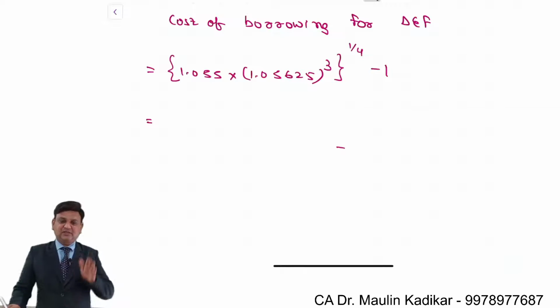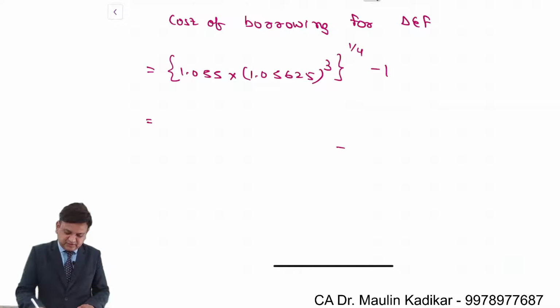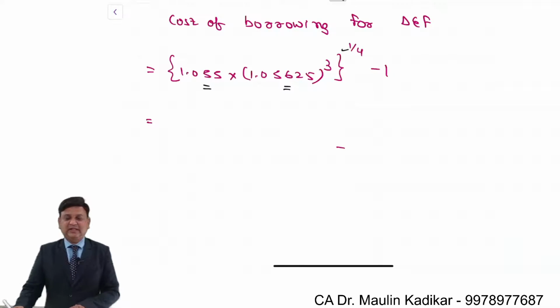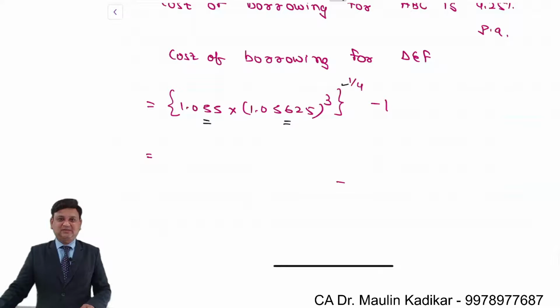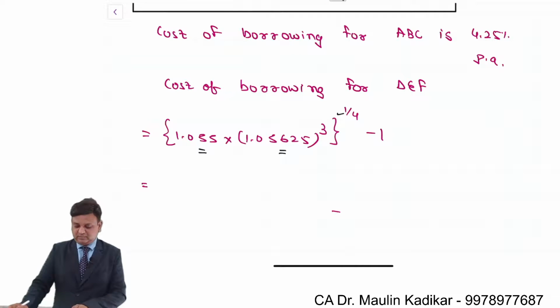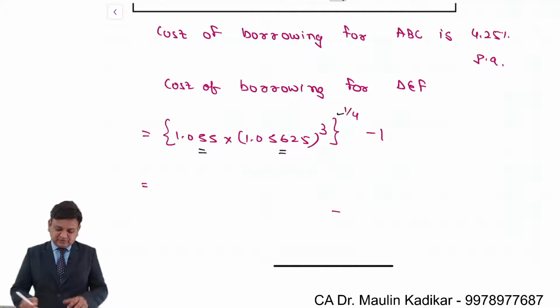We understand that the first year rate of interest is 5.5%. For the remaining 3, this is the rate of interest. Now we are making it annualized, that is whole raised to 1 by 4 minus 1 to get the answer in percentage term. I am giving explanation of this formula once again.